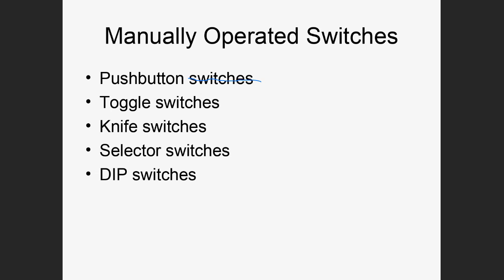And the dip switches, DIP stands for dual inline package. Those are actually tiny switches that are used to make and break contact to inputs or outputs of an integrated circuit. So if you ever had to program a garage door opener, sometimes you have to take the garage door opener apart, and there's a little, usually blue or white, device with these small switches on it.